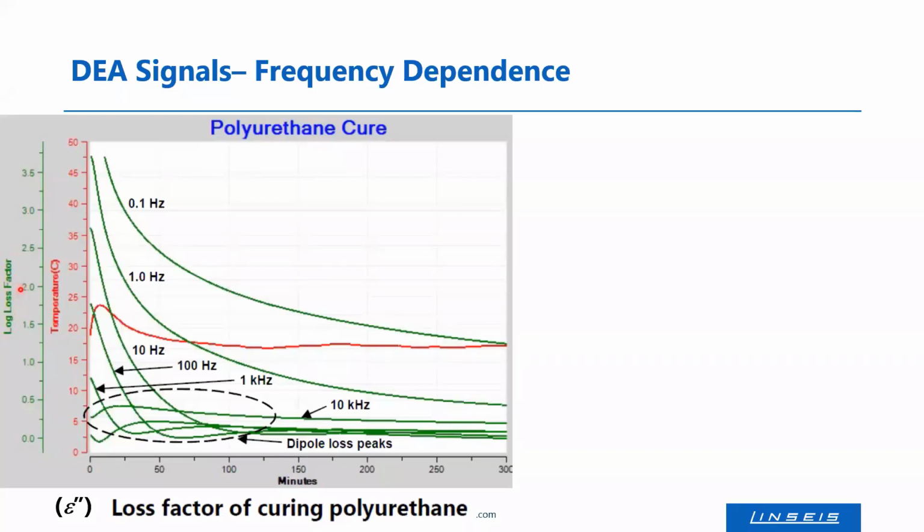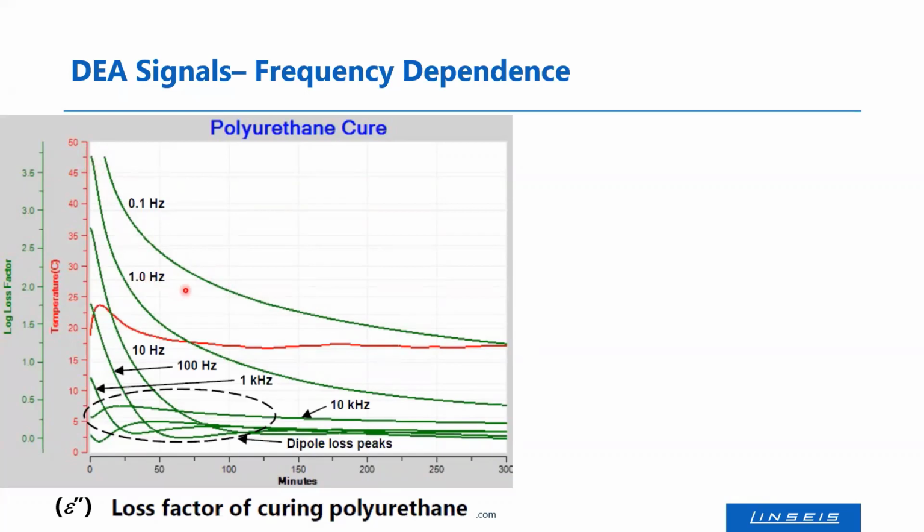It depends on the resistivity, and with that loss factor, the correct frequencies should go down, should be inversely proportional over time. So this 0.1 Hertz, for example, shows a good behavior, as it should be.